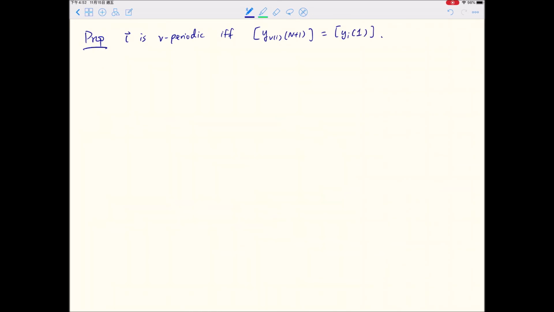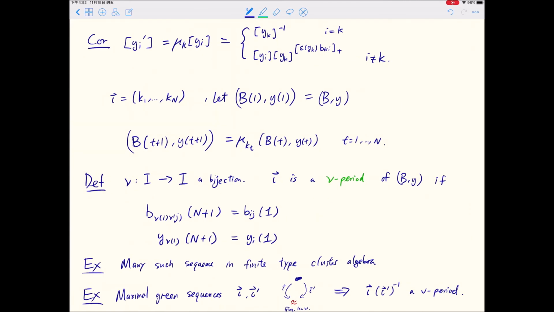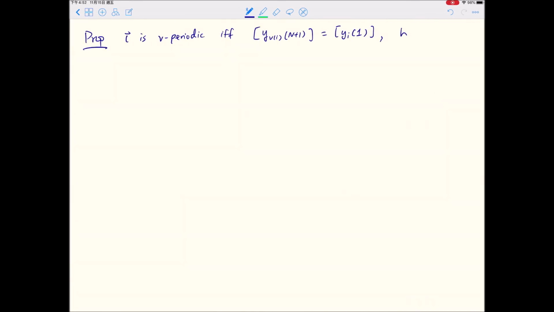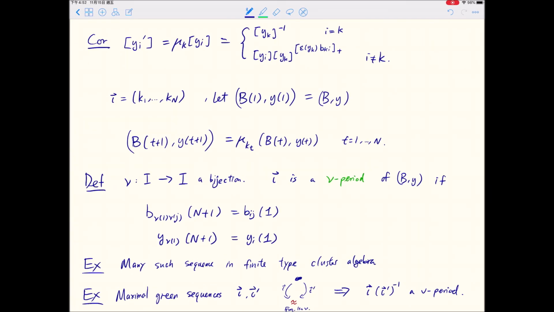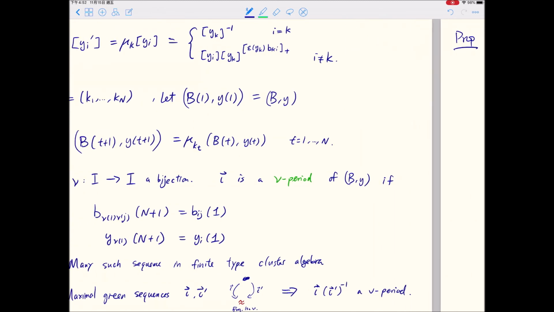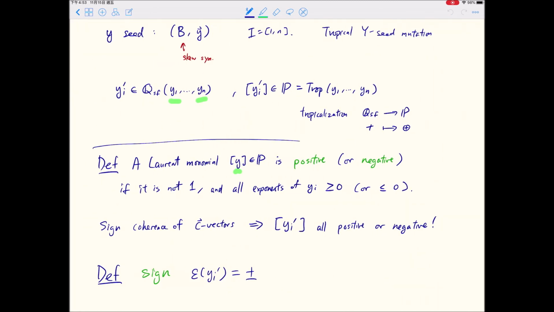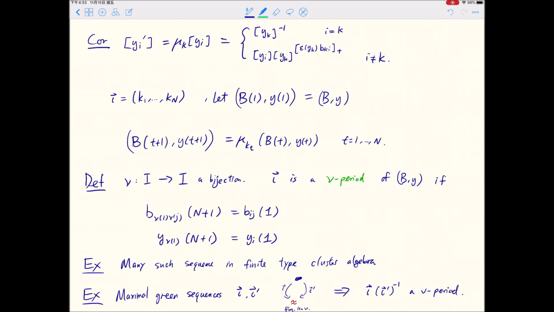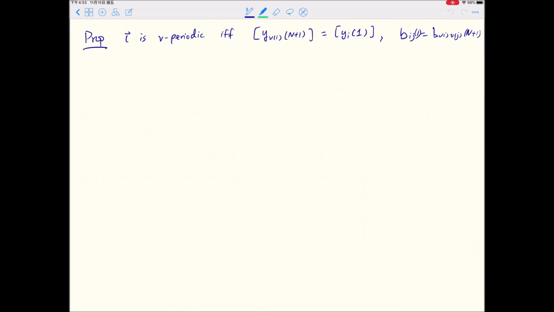This is actually a very surprising fact, because instead of checking the exact expression of y, which in our original setup is a subtraction-free expression, instead of checking a bunch of rational functions, you really only need to check that it is nu-periodic under the tropicalization, so under the monomial part, the leading term of this rational function.